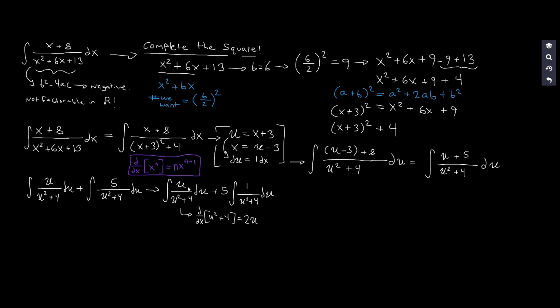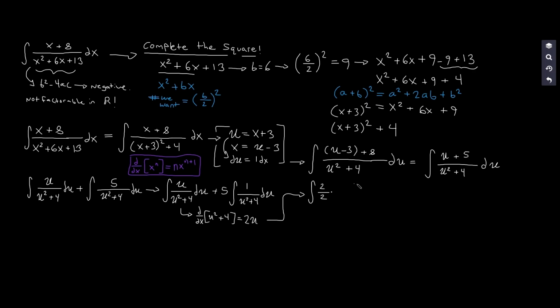Well, u is a multiple of 2u, and so his claim is that we can multiply and divide the integrand by 2. So, 2 over 2, which is a form of 1, interestingly enough.